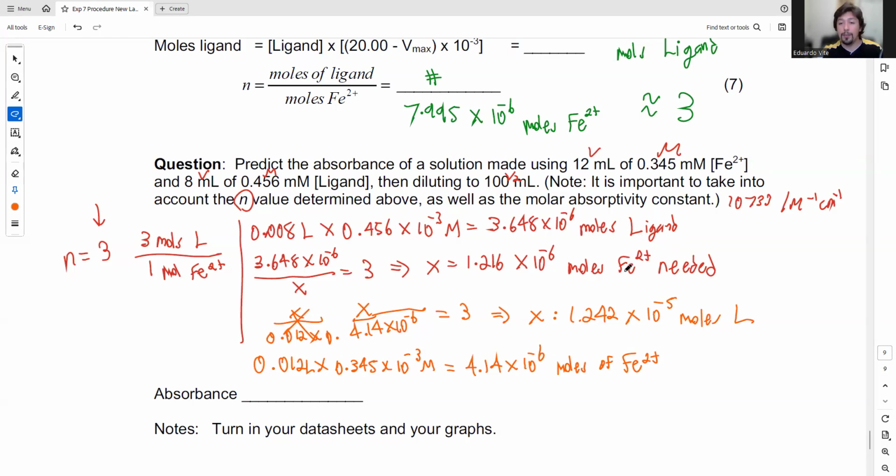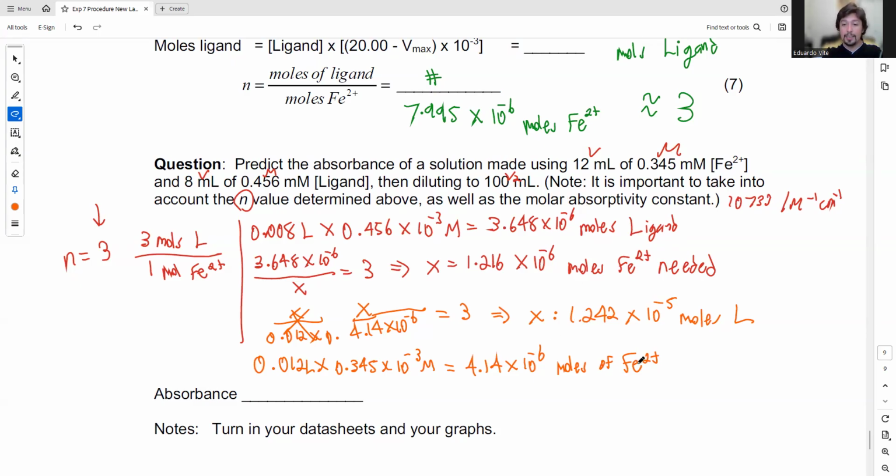Which one is the limiting reagent? Well, let's see. The ligand needs times 10 to the minus 6 moles of Fe2+, and we do have times 10 to the minus 6. We have roughly 4 times as much. 4.14, 1.26. So we do have enough Fe to react with this theoretical mole of ligand. Do we have enough ligand to react with this theoretical mole of Fe?